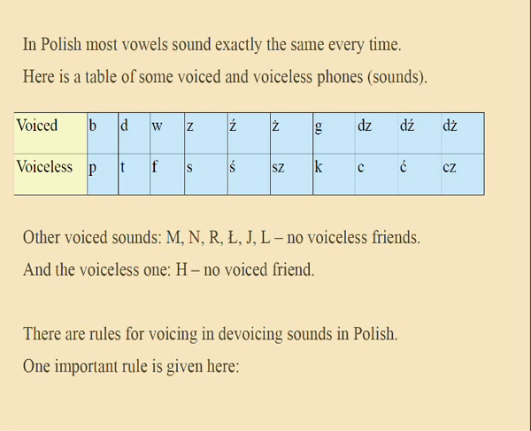Here you can see a table of phones or sounds which are voiced and voiceless. This is important for the correct pronunciation. Note that this table puts the sounds in pairs, like b, p, g, k. Memorizing these pairs can be useful. Other voiced sounds that do not have their voiceless counterparts are m, n, r, w, j, l.